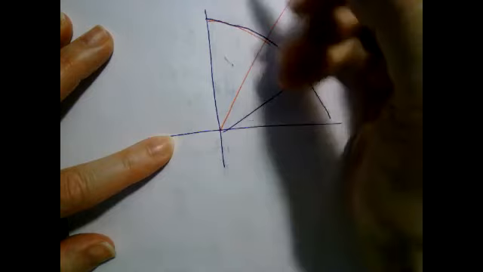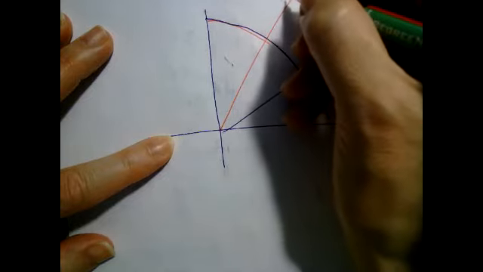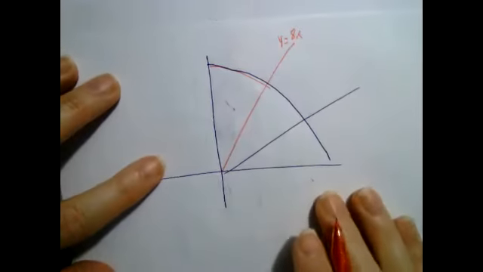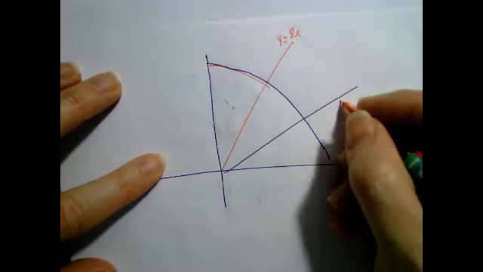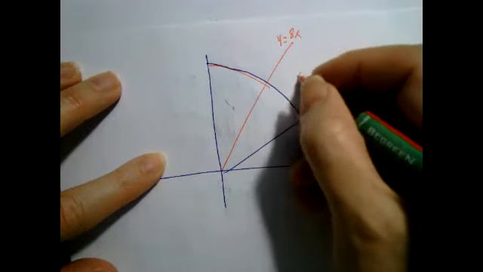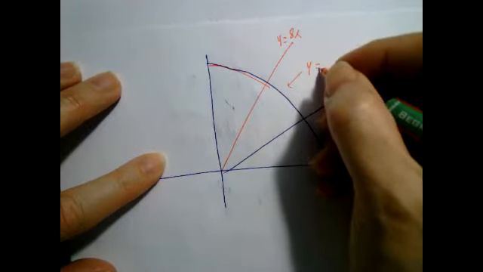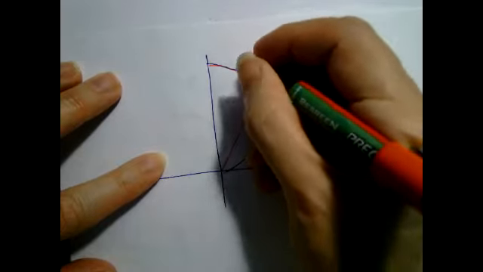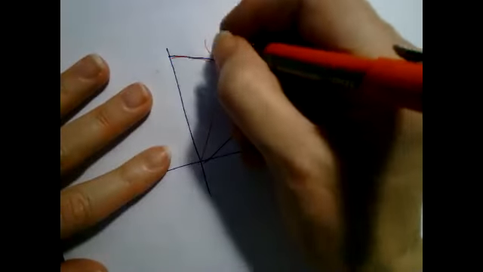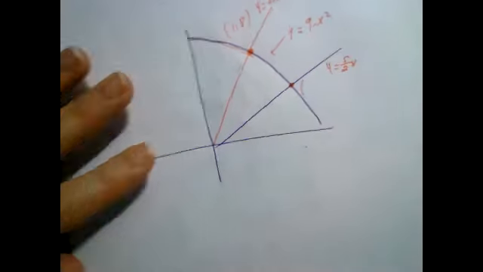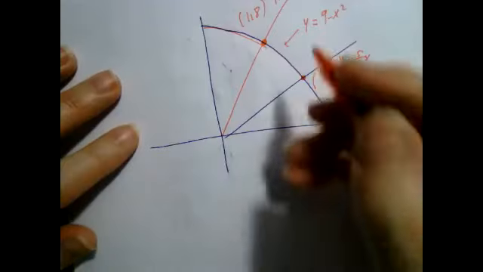And I will put what's given to me. y equal 8x, and y equal 5/2 x, and this is y equal 9 minus x squared. The intersection points were 1, 8, and 2, 5.